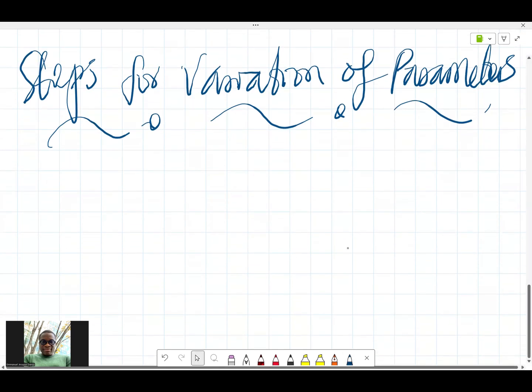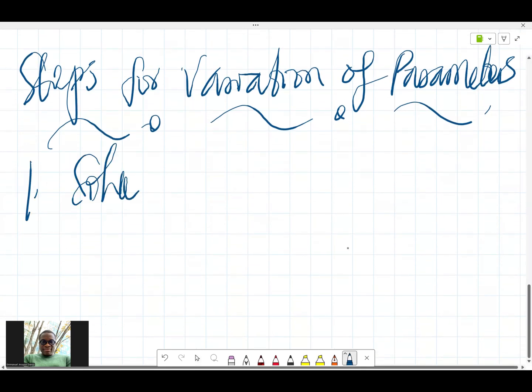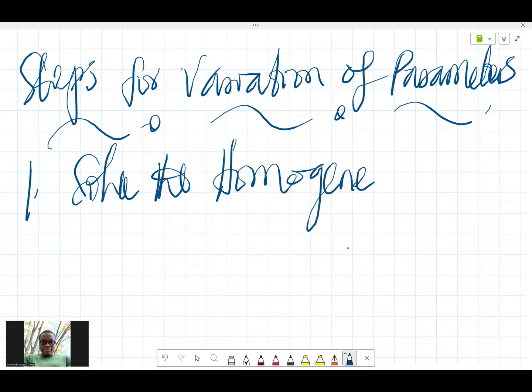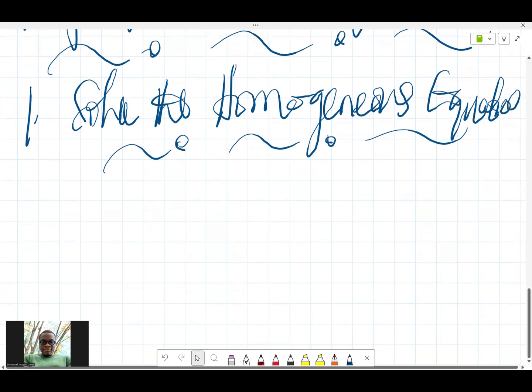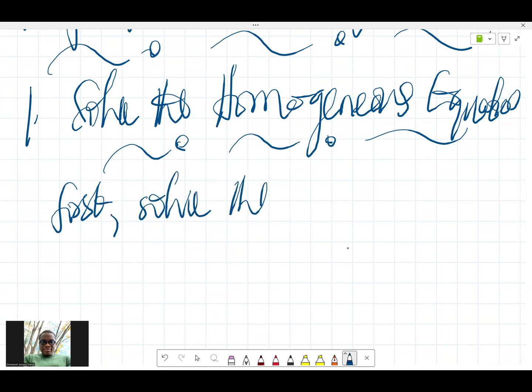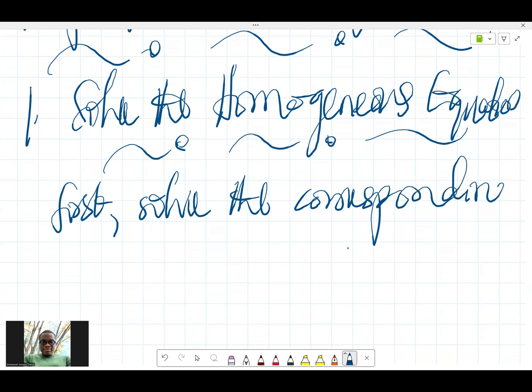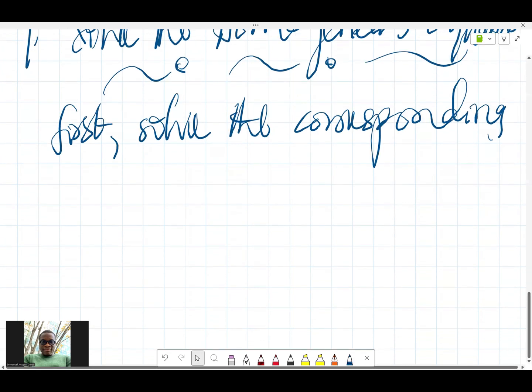Okay, so the first step is to solve the homogeneous equation. That's what we've been doing all along as far as non-homogeneous equations are concerned.